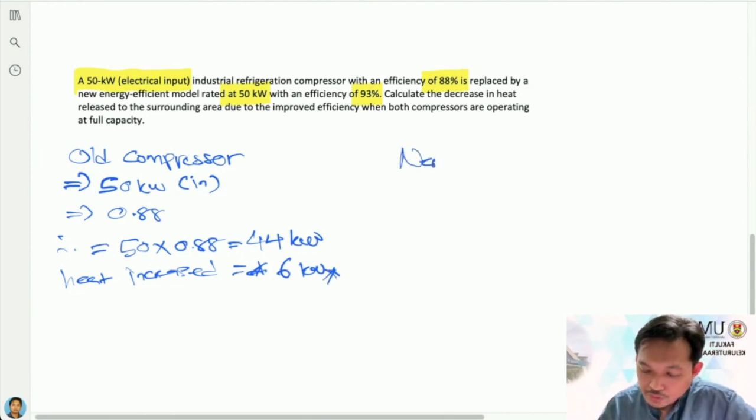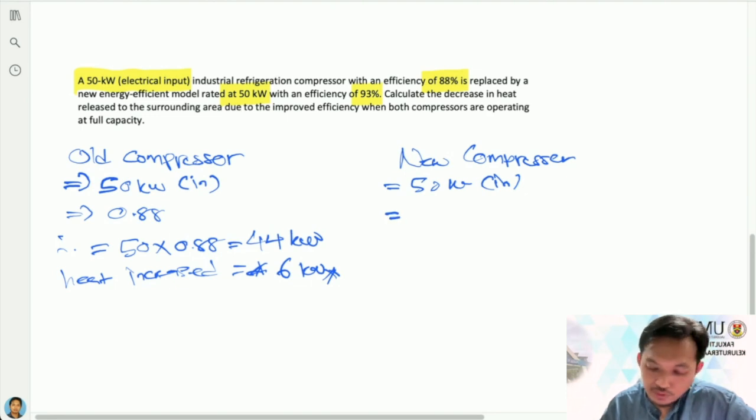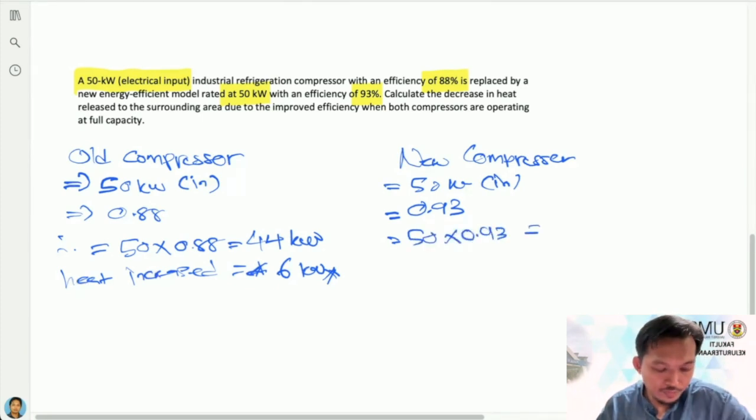For the new compressor, right? So we have the input is basically the same, but the efficiency for the new compressor is 93%, so it's 0.93. So you have 50 times 0.93, and you should get 46.5 kilowatt.